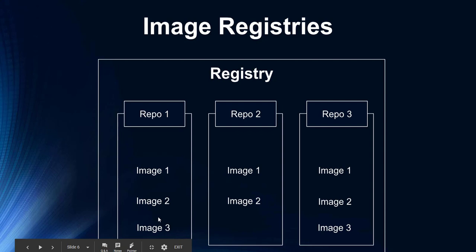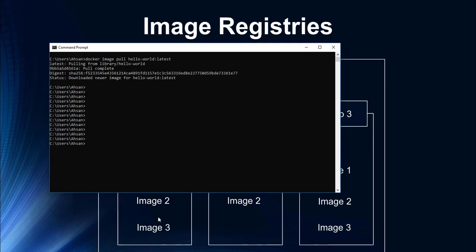To differentiate, we use the tag, as I showed you here: colon, and after it, latest. Latest is a tag that differentiates the hello-world:latest image from the other hello-world images. Latest doesn't mean this image is the newest. It's just arbitrary text.